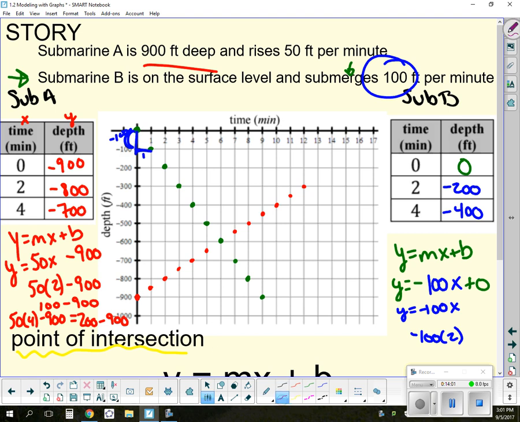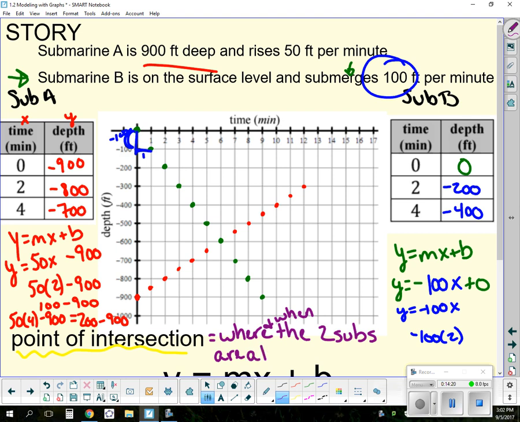The point of intersection here is where, I should say where and when, the two subs are at the same depth. So at 6 minutes, both subs are going to be at negative 600 feet. So that's when they would pass one another.